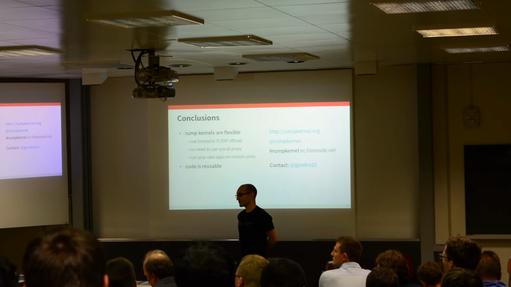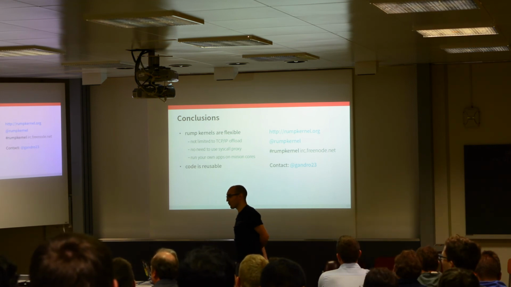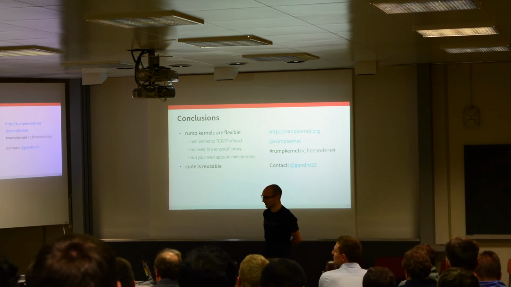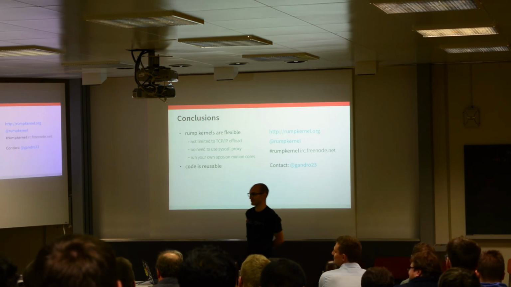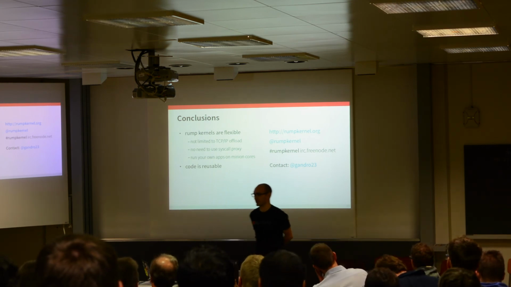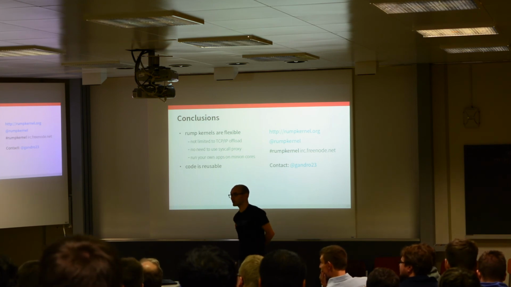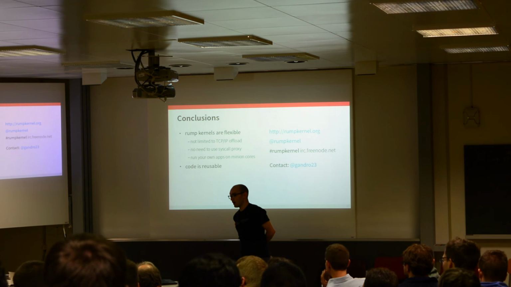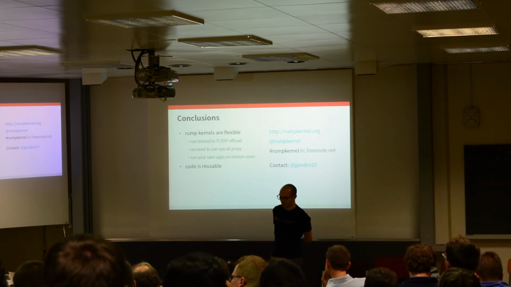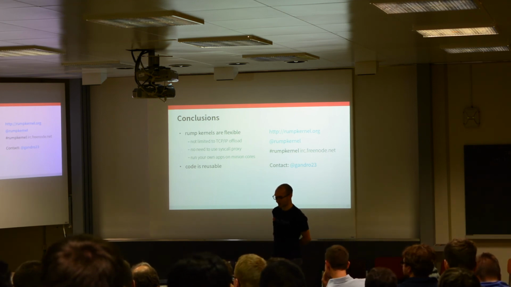Have you done any benchmarking for TCP? No, I don't have any hard numbers, but it's slow. The protocol is really not optimal, so I wouldn't expect more than a few megabytes per second. What about just the Rump kernel? I haven't tested that.